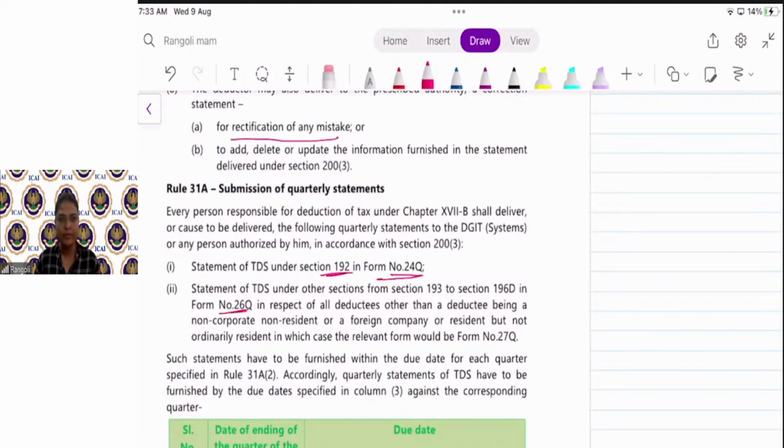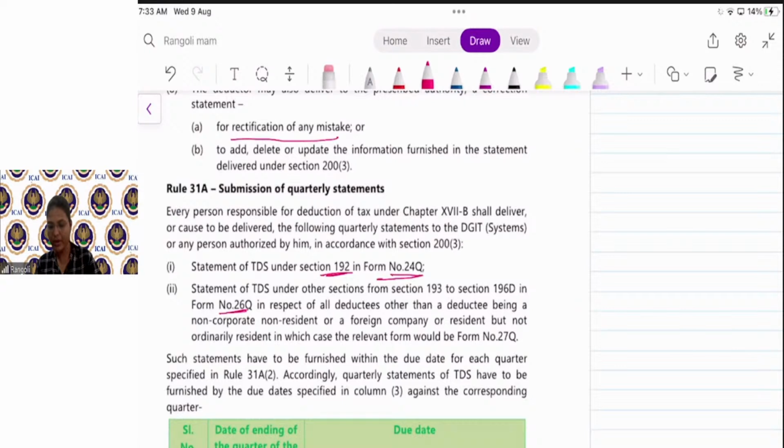And in case of non-resident, 27Q is required to be filed. So if you have deducted TDS under section 194J, then Form 26Q is required to be filed.